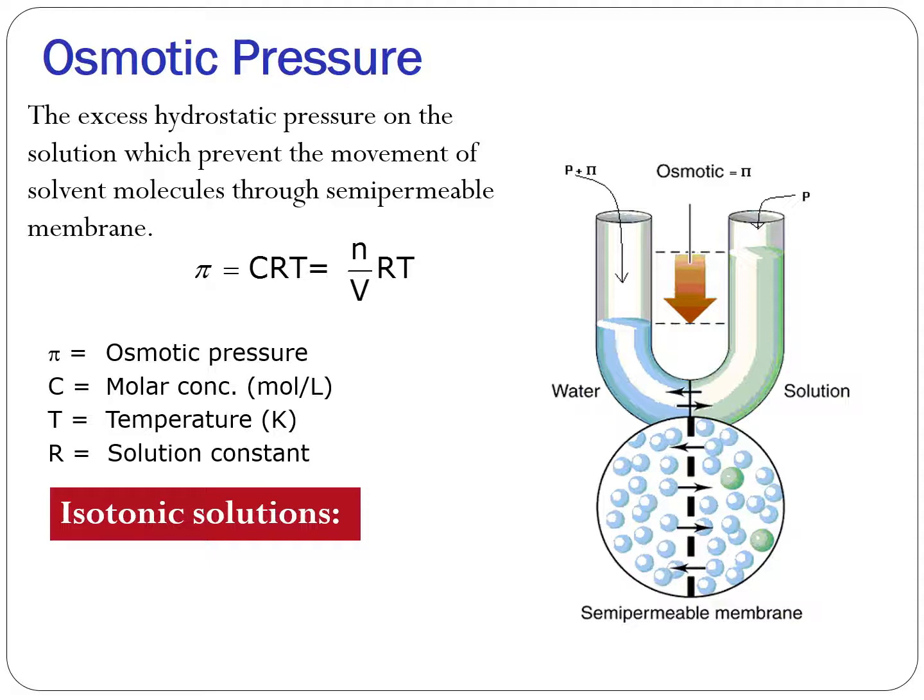If such solutions are placed in containers separated by a semi-permeable membrane, no osmosis will occur. However, if the two solutions have different molar concentrations, they will have different osmotic pressures, and the solution having higher solute concentration is called hypertonic, while that with lesser concentration of the solute is known as hypotonic.